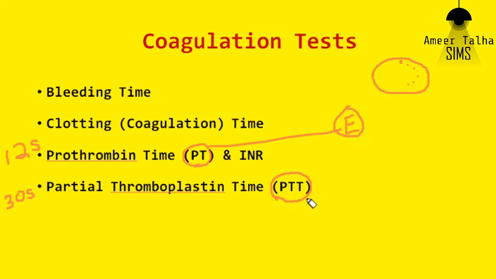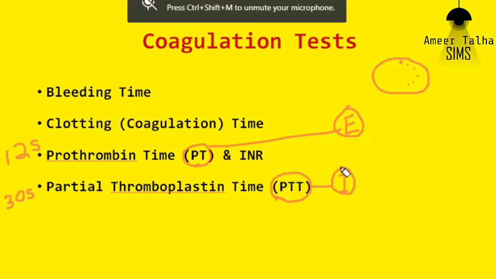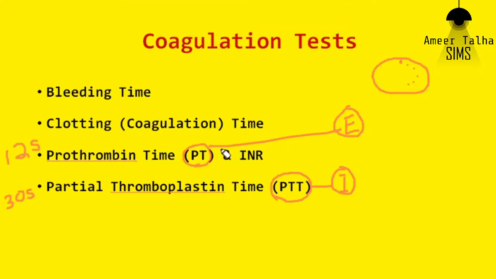So PTT or APTT is the same thing. And this partial thromboplastin time depicts the intrinsic pathway. So remember the mnemonic: you play tennis outside and you play table tennis inside. These are the frequently used coagulation tests that are helpful in diagnosis of different bleeding disorders.